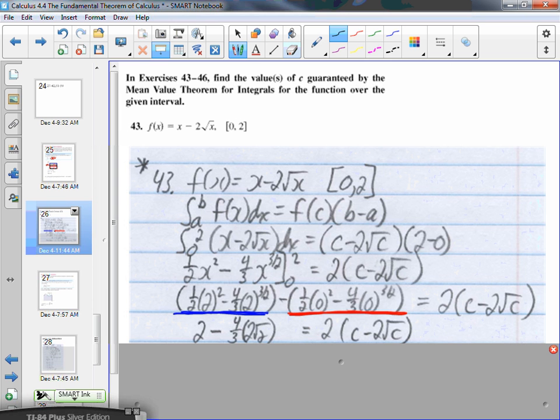I'm kind of okay with you just writing the square root of 8. But the square root of 8 simplifies to 2 radical 2. So there's not a real good thing to do with that, is there? Okay, so the best we can do with it is call that -4/3 times 2 radical 2. Haven't messed with the right side in a while, have I?